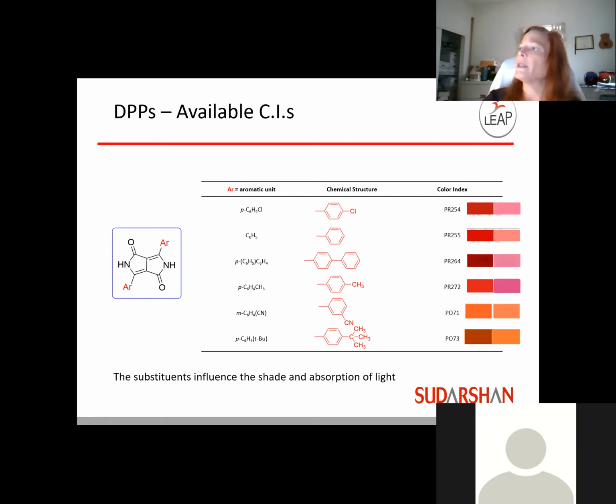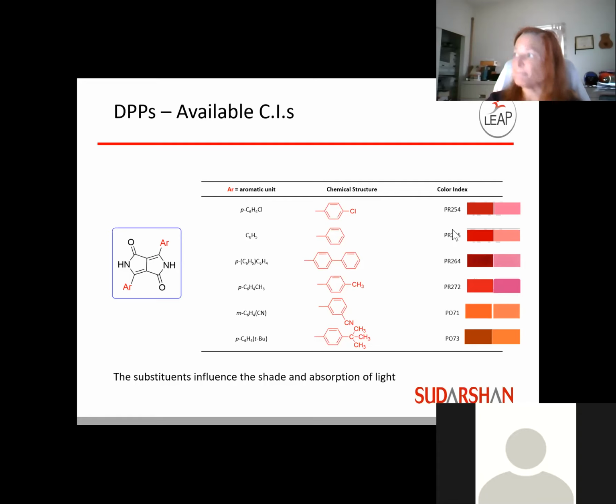You can see here in the table what the structure and the aromatic unit is for each of these color indexes, and how they are attached to the polycyclic ring of the DPP chemistry.